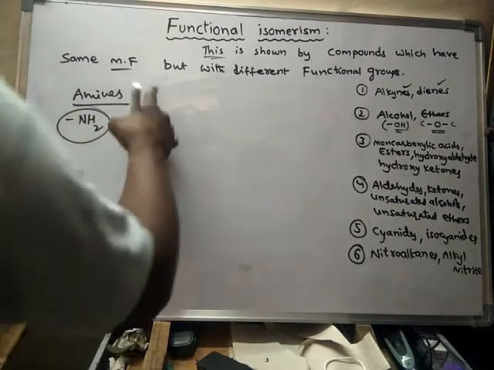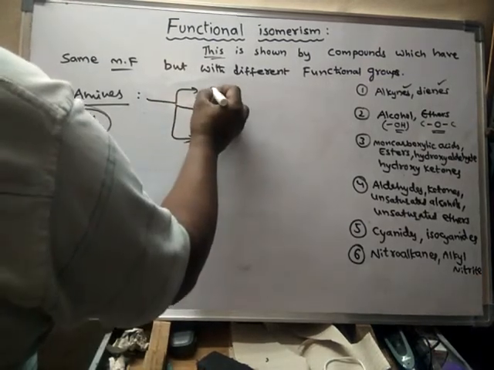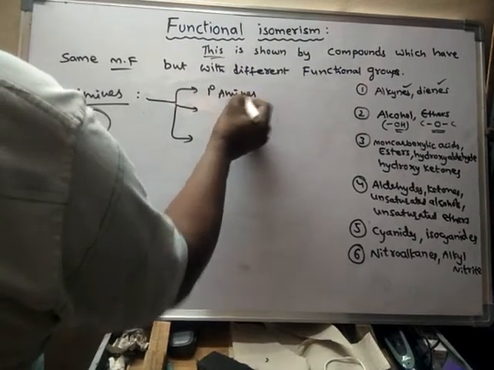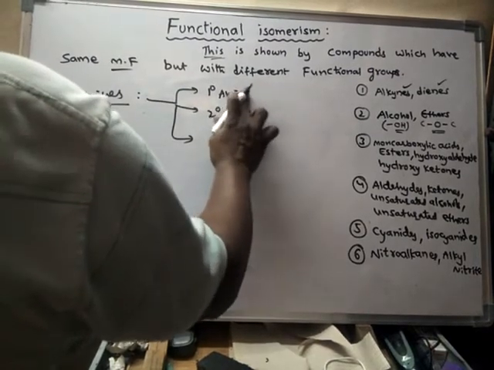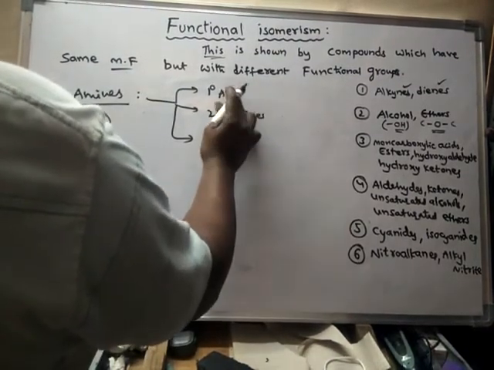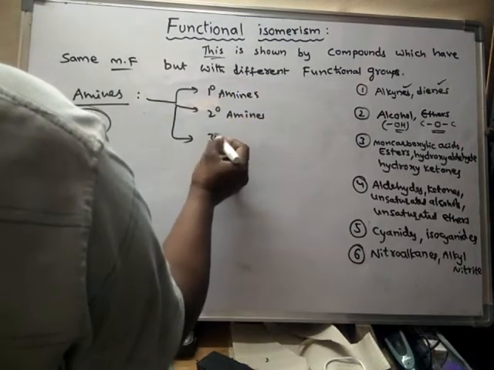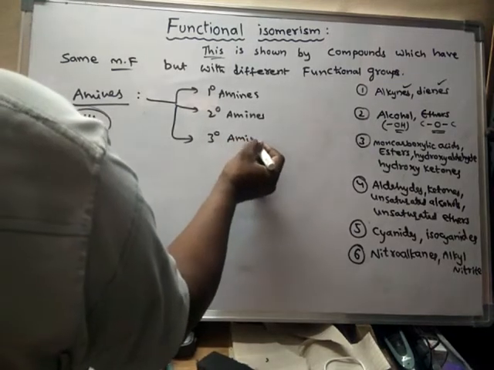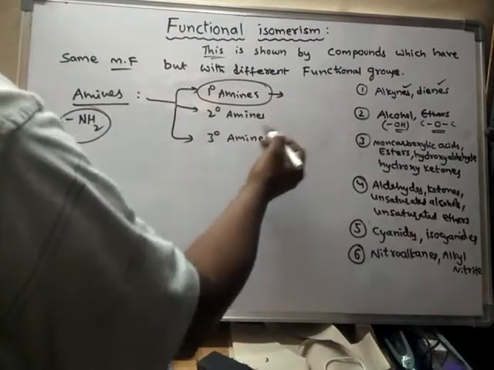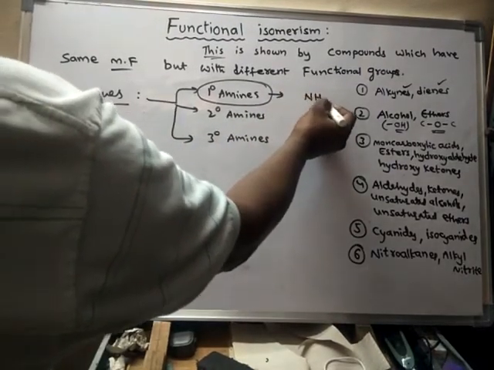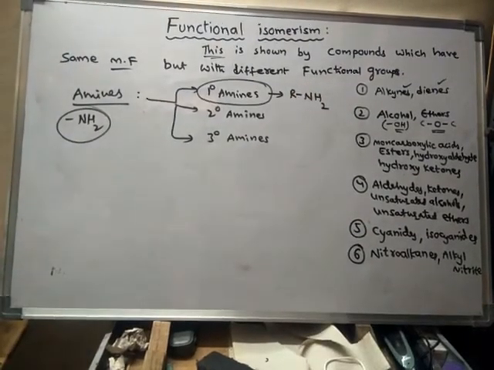But three types of amines exist: primary amines, secondary amines, and tertiary amines. In primary amines, nitrogen has 2 hydrogens like this, and this nitrogen is attached to one alkyl group only.